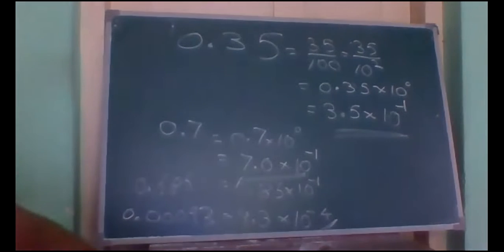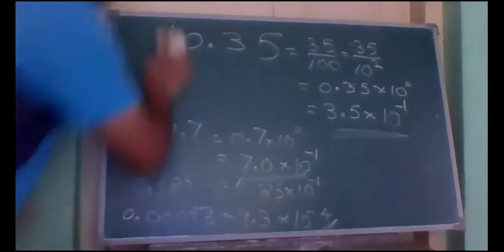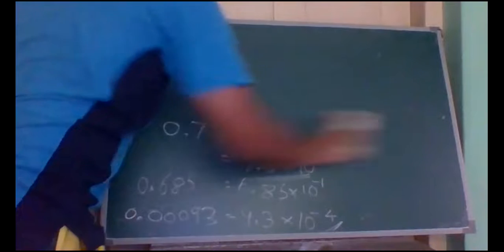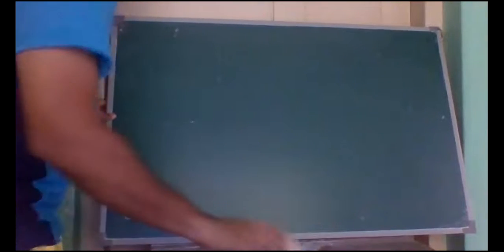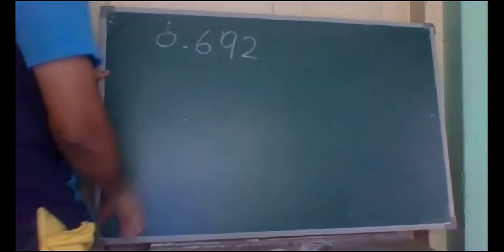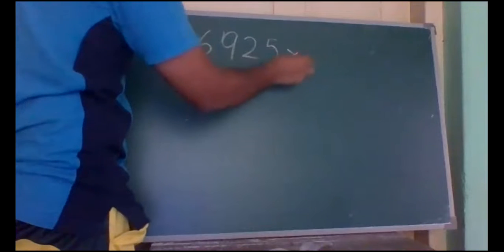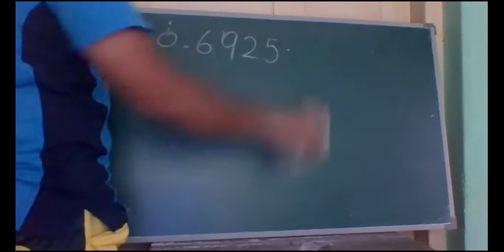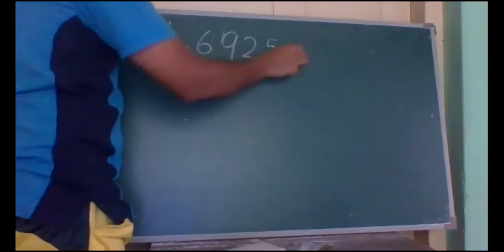Right? All of you finished? Yes, sir. Right. Now do this one in yours. 0.6925. All right.